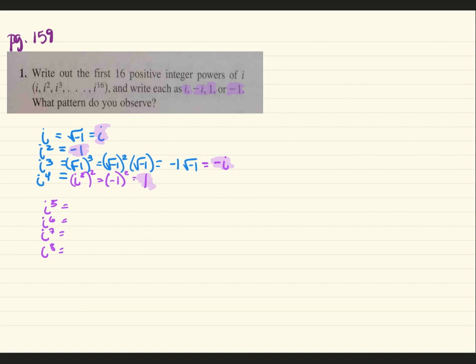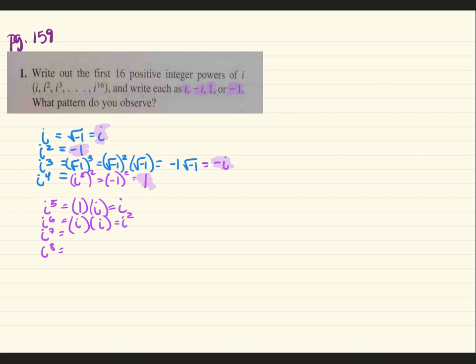So the same manner. So you take the previous one and multiply it by I. That is the easiest way to get through this. So the previous one is I to the 4th, which is just 1, times I. So 1 times I is just I. Okay, so then we take I to the 5th, which is I, and multiply it by I again.